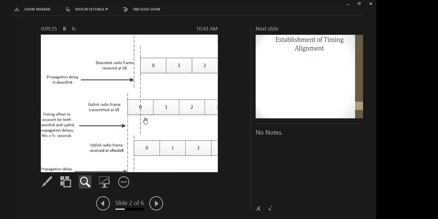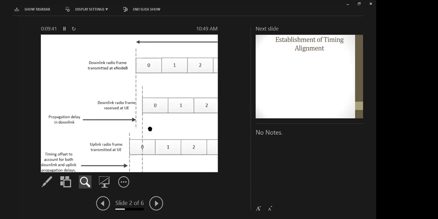Your movement means the distance between you and the E node B changes, and so the propagation delay also changes. For example, if the propagation delay increases, you have gone a little bit farther away from the E node B, so you see this time difference will increase.